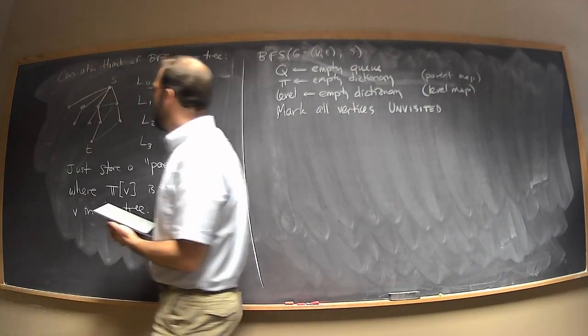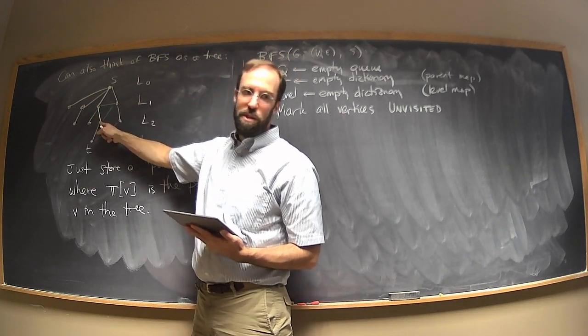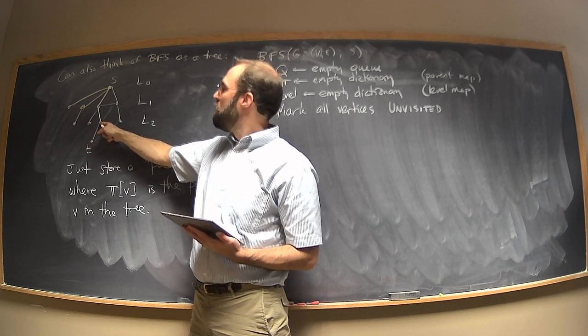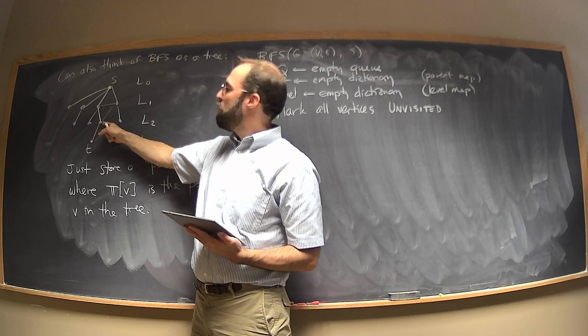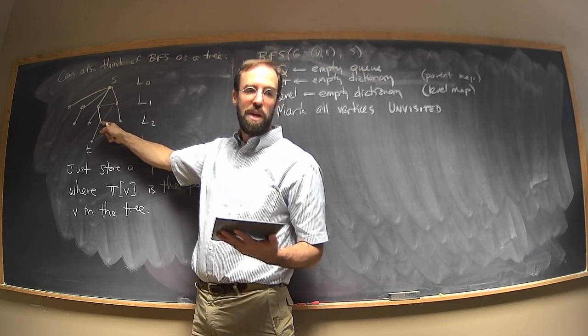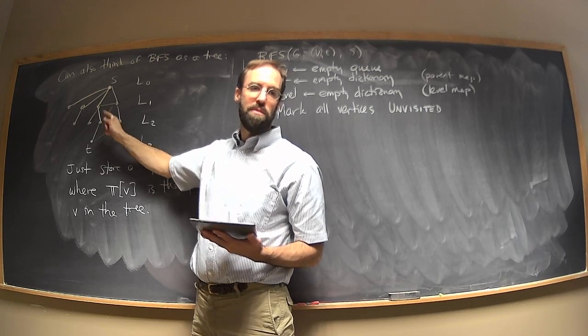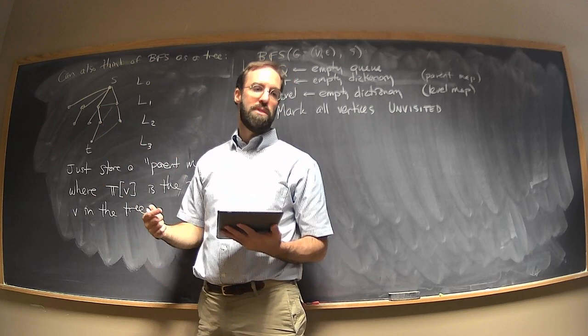Let's say we followed this edge and we saw this vertex in the next layer, but then later we processed this vertex and we followed this green edge. How did we know not to process this vertex a second time? The answer is we have to keep track of which vertices we've seen so far and which ones we haven't, so that we don't end up processing a vertex multiple times.